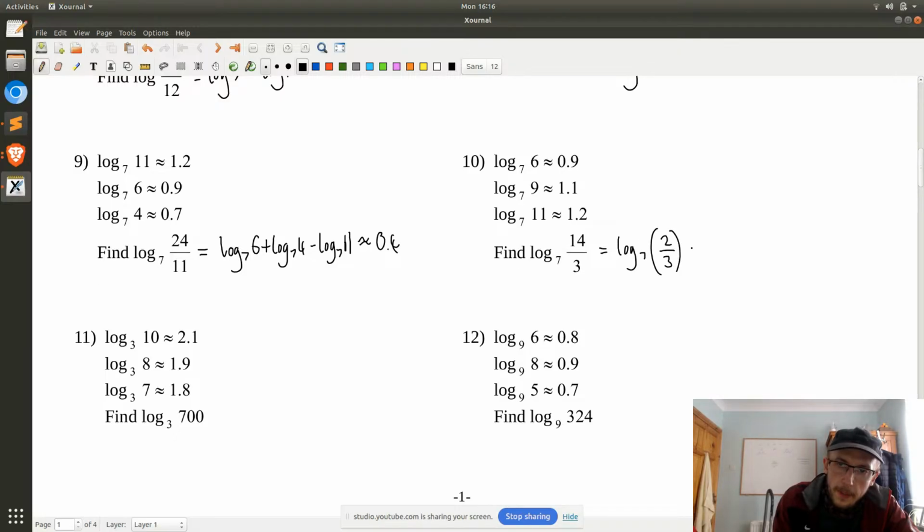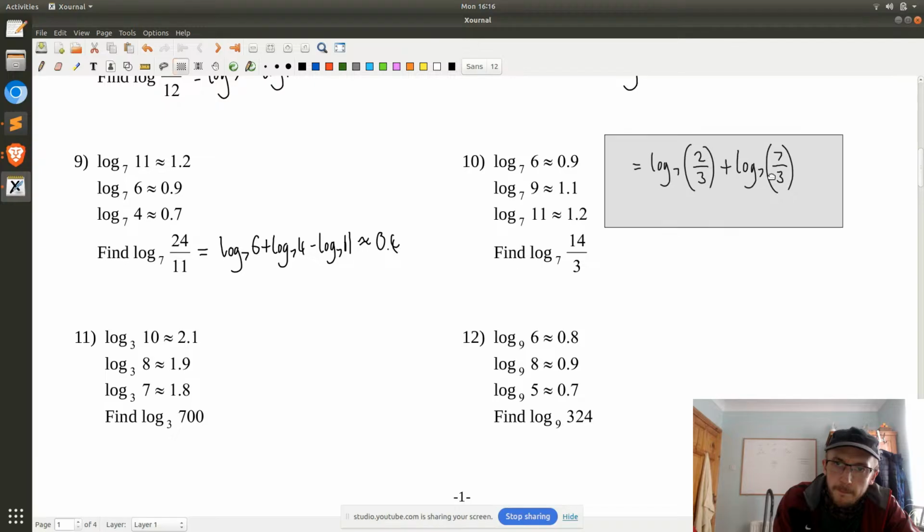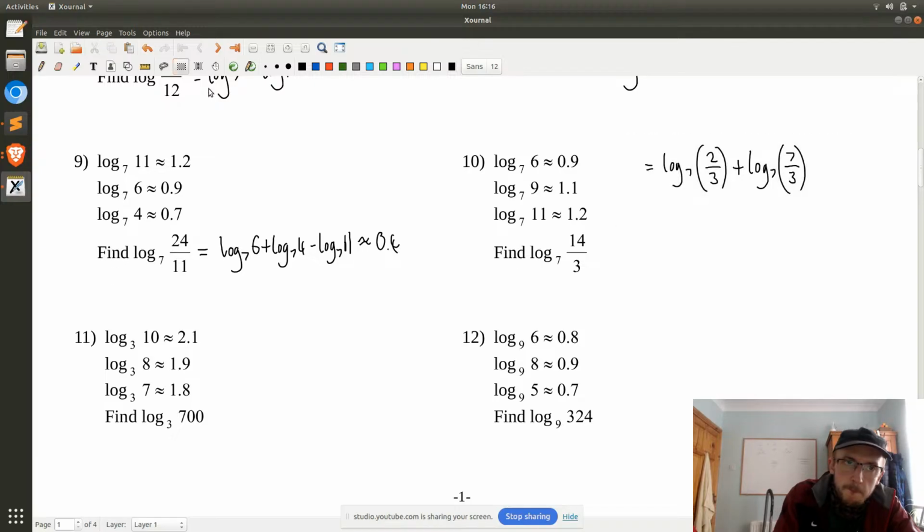Two over 3 plus... right? Because then you end up multiplying them together to get that. Okay. And that there is 6 over 9.